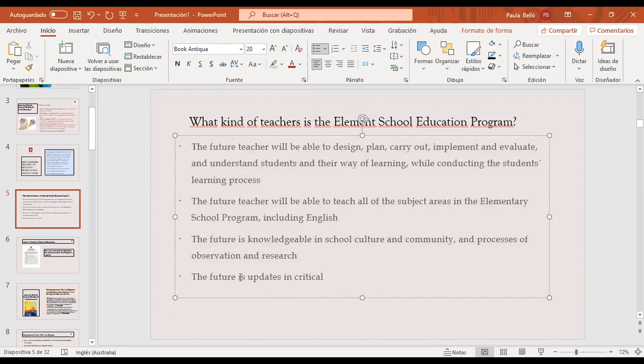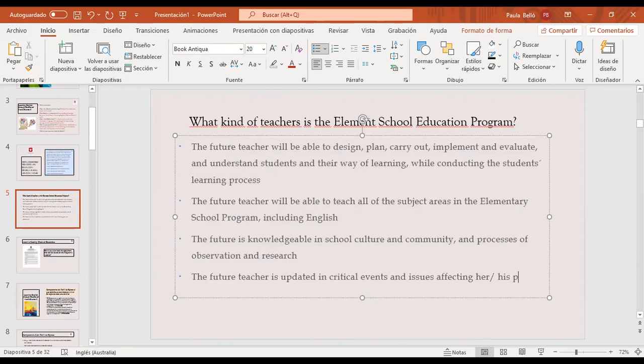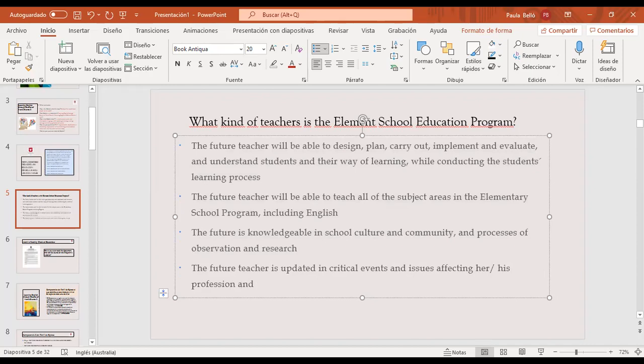The future teacher is updated in critical events, very good, Phoebe, and issues affecting her profession, and the people around, because we are all the time learning something new on how these processes of change, for example, have affected our students as well.